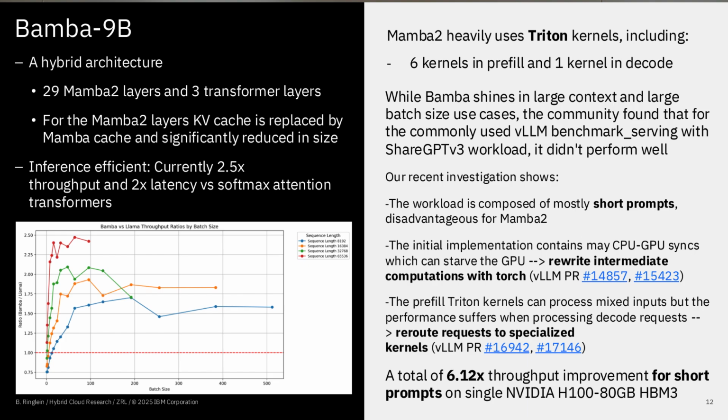We published a blog about that, in which we showed some performance numbers. We can show that for a large batch size and long context, compared to Llama 3 8 billion, which is similar in size, the Mamba model can have higher throughput and lower latency for large contexts.